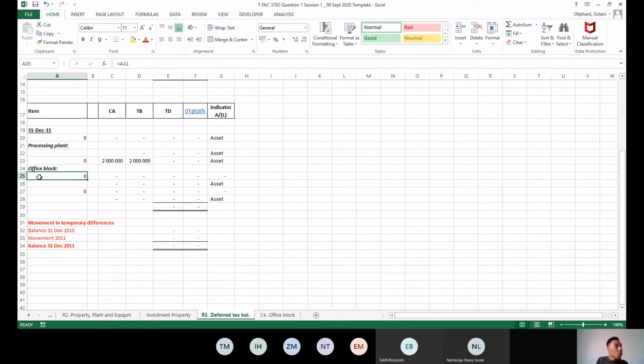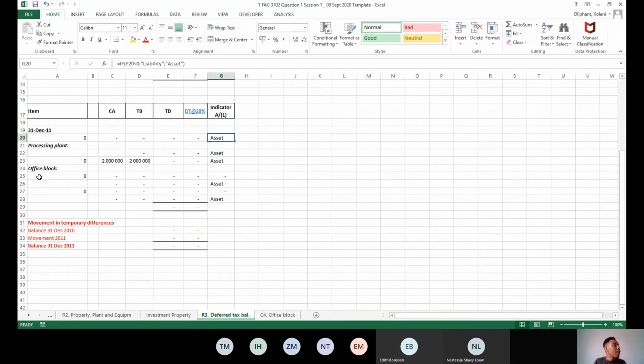Okay, so the skeleton for required 3 would have looked something like this. That would have been your skeleton. But obviously, in my case here, I'm using formulas, so it's easy for me to do it with formulas. But in your case, you would need to actually write it down.